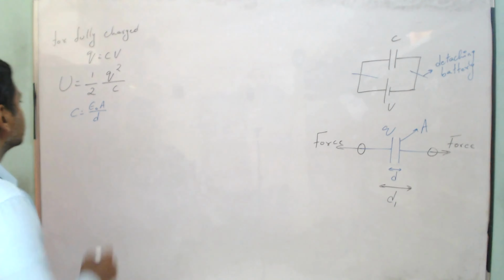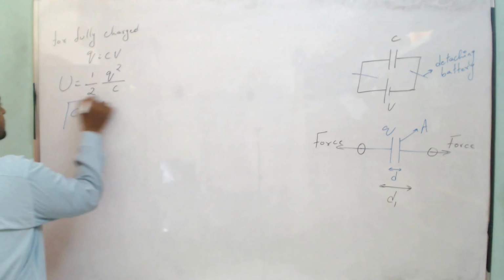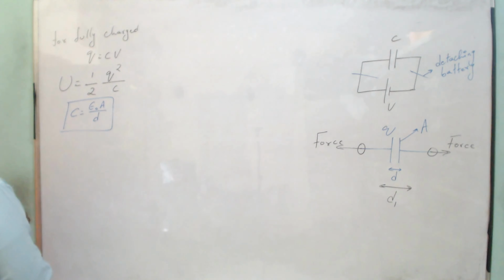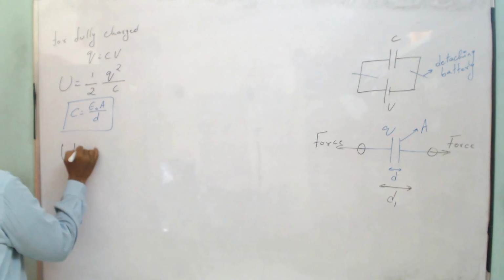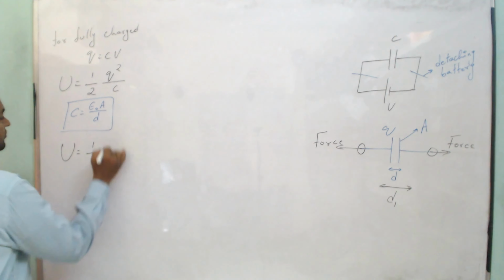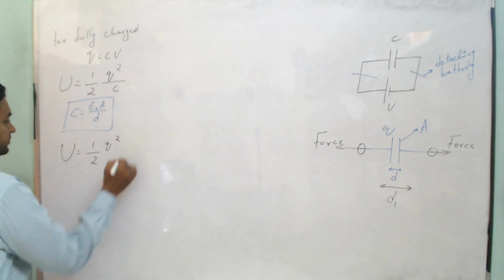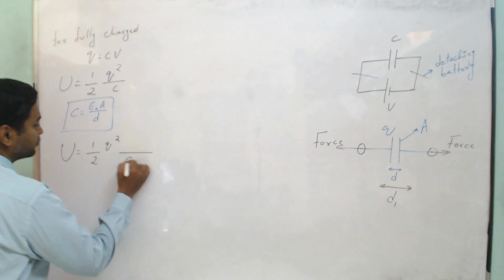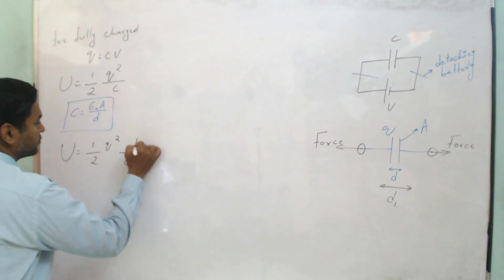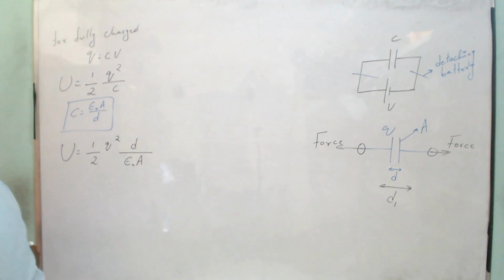So if I substitute this in the above equation, my potential energy will be half Q square, with C in the denominator, so epsilon naught A by D. Is this clear?